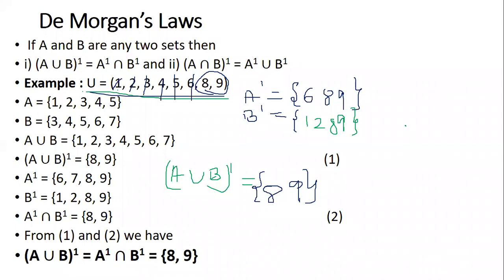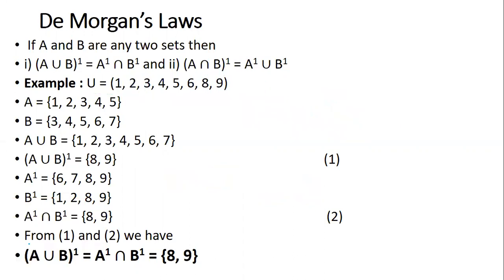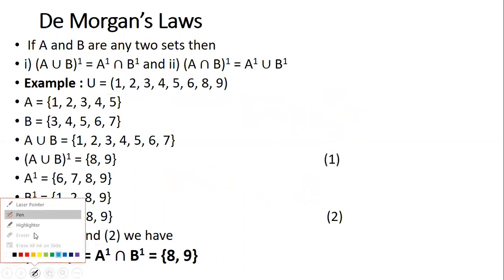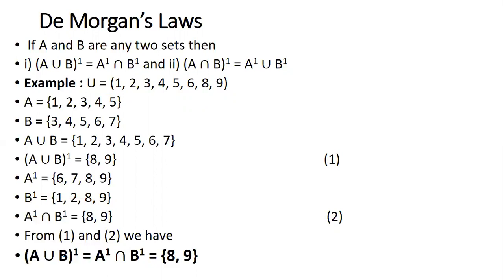Okay, for others, anybody else also didn't understand A union B complement? We can resolve it. There's no problem. Okay, fine. No problem. We'll just solve it once again. It's not a big issue.